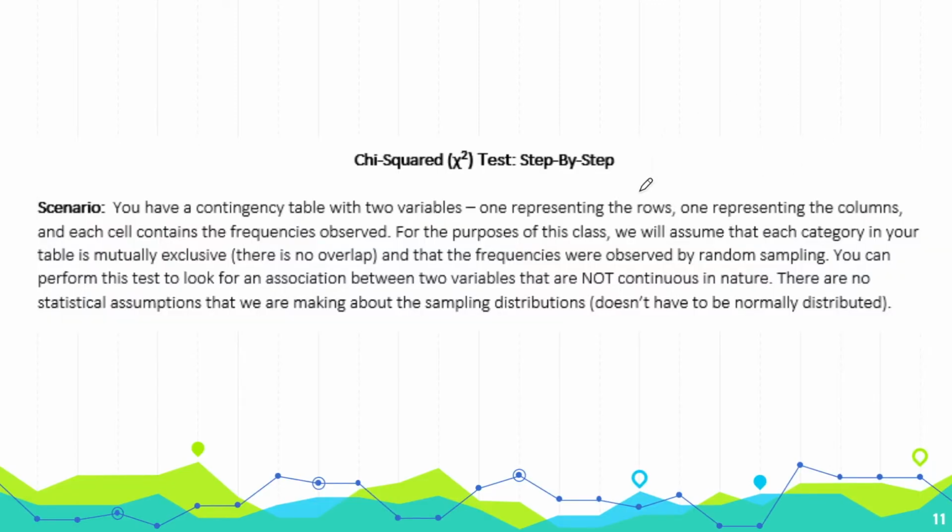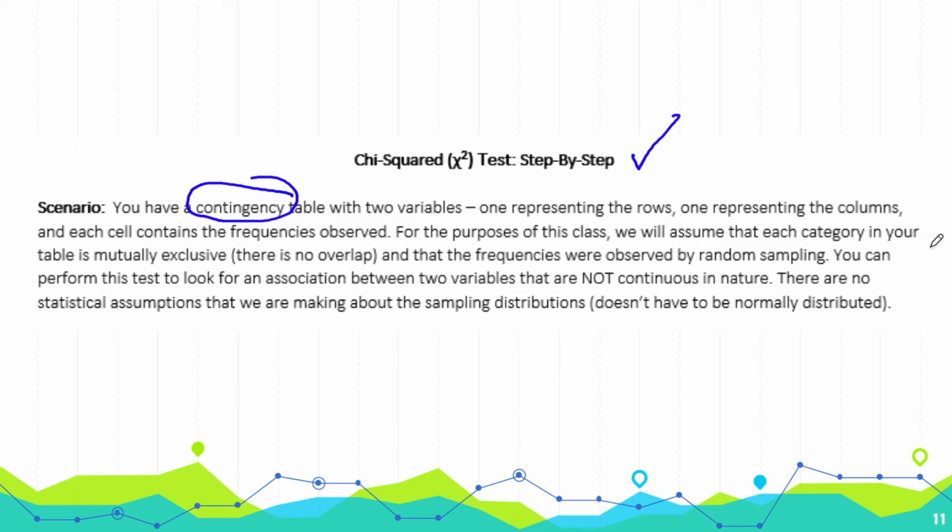So let's do a review of what the scenario is behind a chi-squared test. The scenario is you have a contingency table, good vocabulary word, with 2 variables. One represents the rows, one represents the columns, and each cell contains the frequency observed at each of the intersections between those rows and columns.